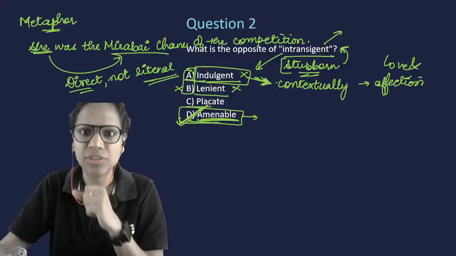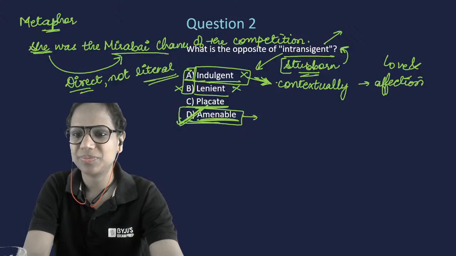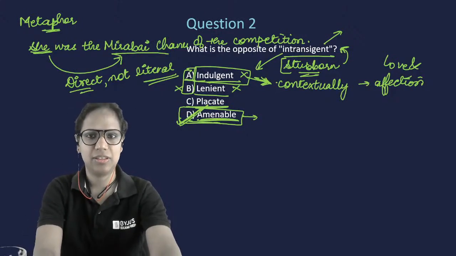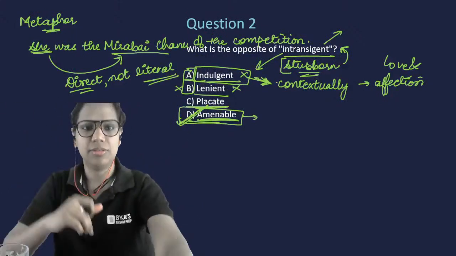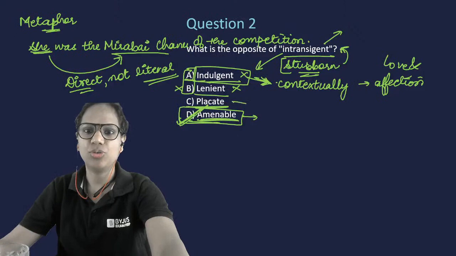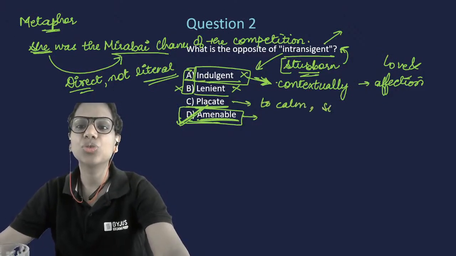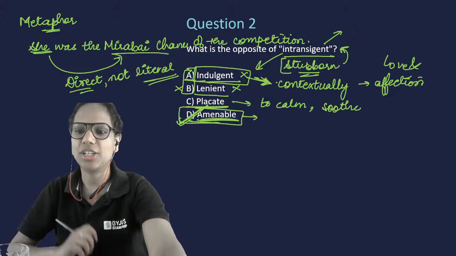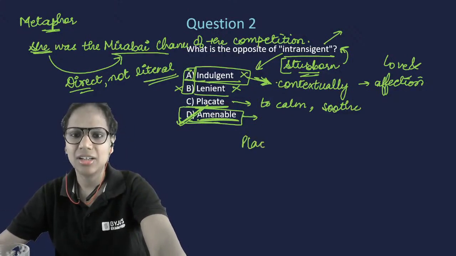Okay. Placate. What does it mean to placate someone? Yes. What does it mean to placate someone? When you try to calm them, when you try to soothe them, that is when you're trying to placate them. Okay, it comes from the roots plac and pac.